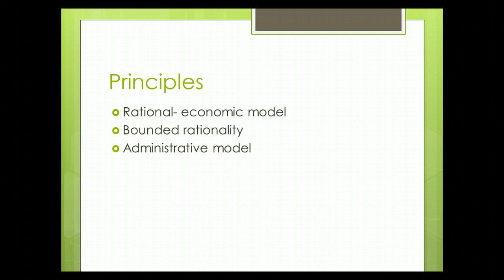We also have the administrative model that we learn about in Chapter 3. Now, the administrative model is a situation of decision making that says that we only process limited, manageable amounts of information at a time. So we don't have unlimited information available to us, and if we did, we wouldn't be able to deal with all of it anyway.